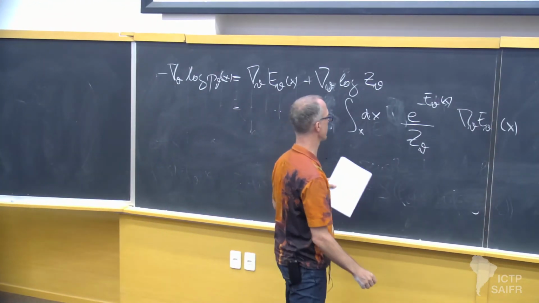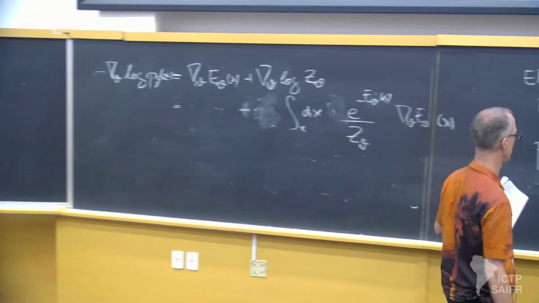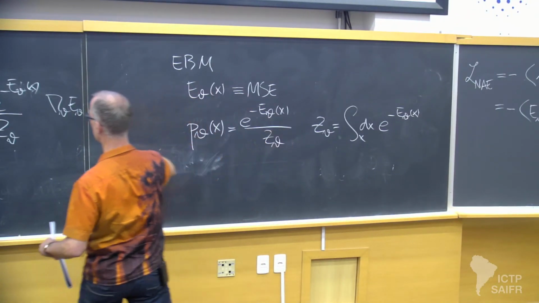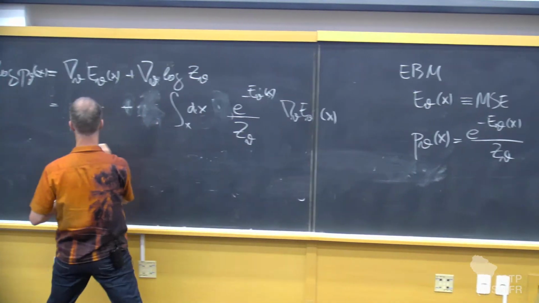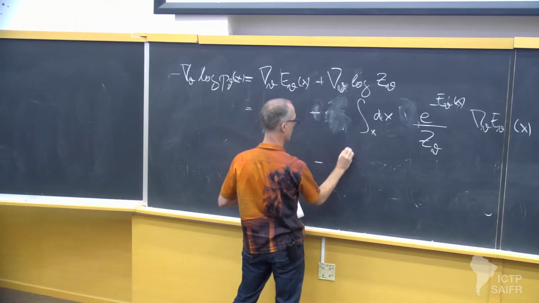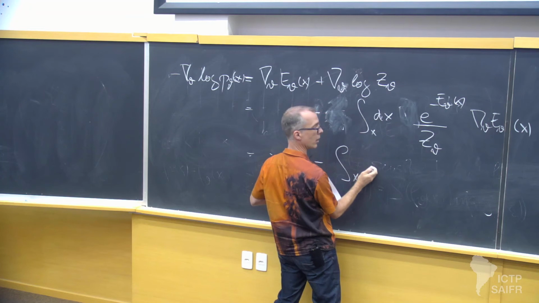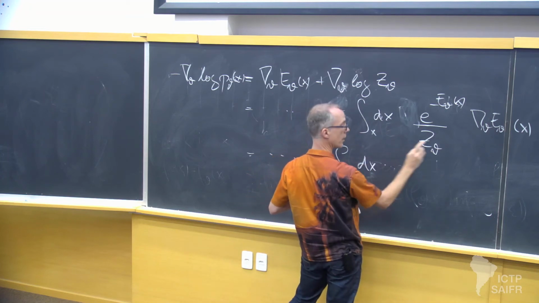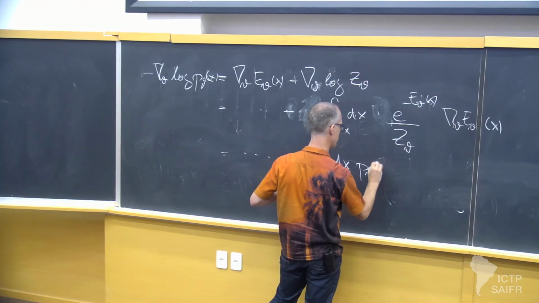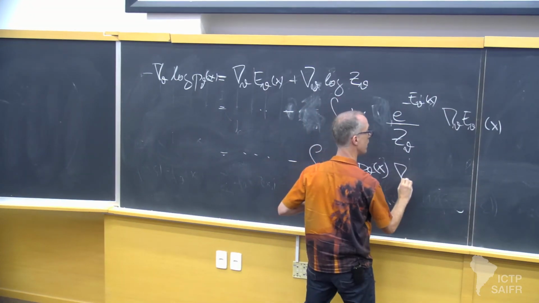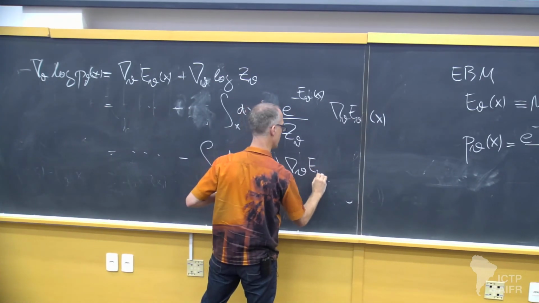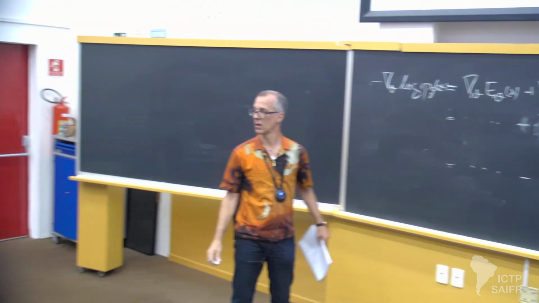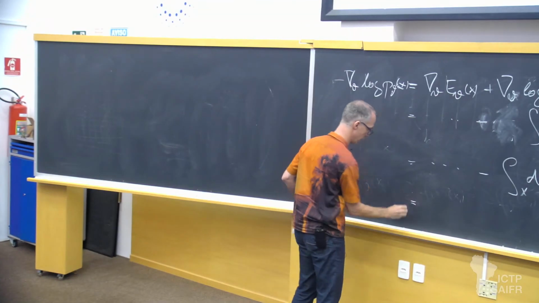And now you notice that this part here is just the same as here. So this is the integral dx of p theta of x times the gradient of E. Then I can rewrite it in our own language.